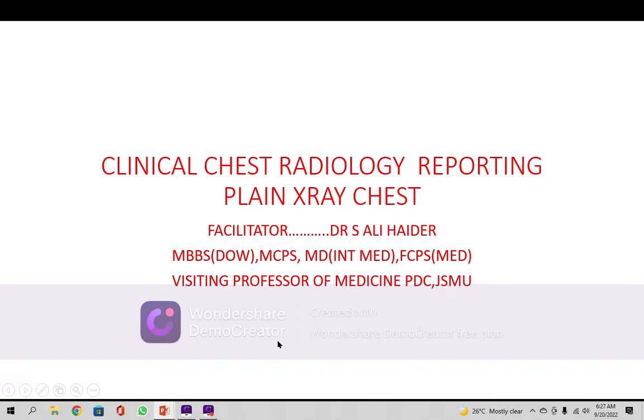Now the first case which I want to present has come to me because he wants to do surgery for diabetes mellitus, what is called the diabetic foot.